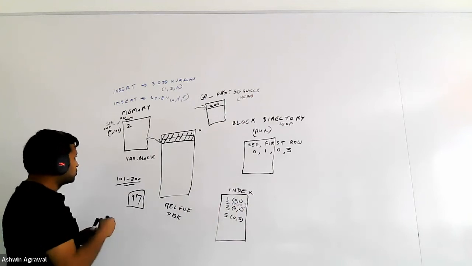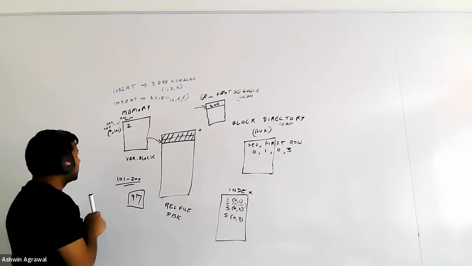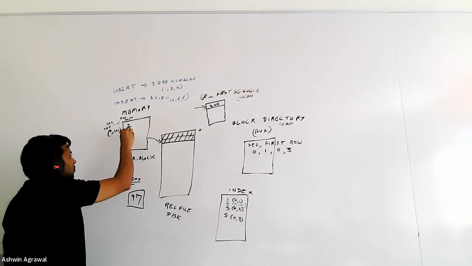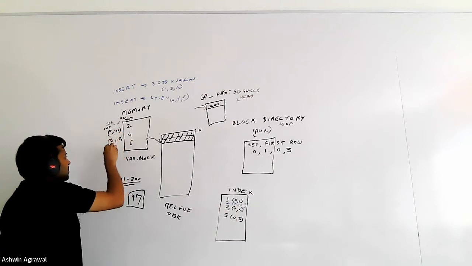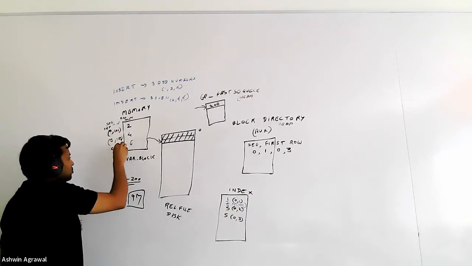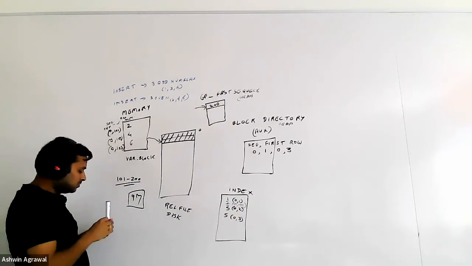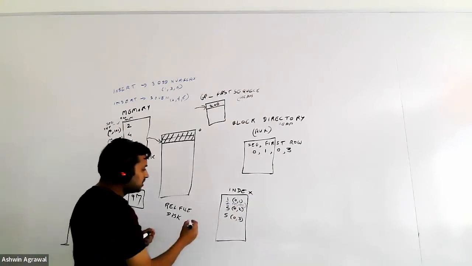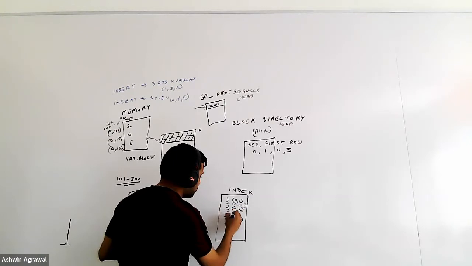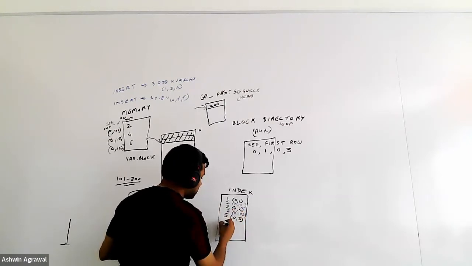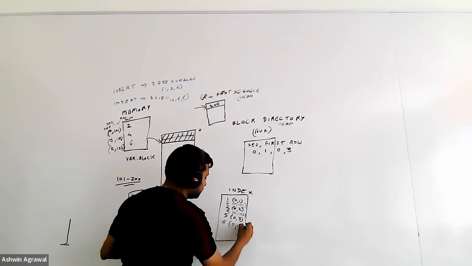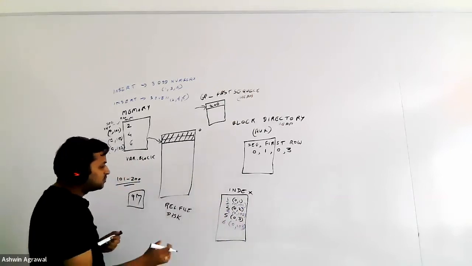And this process keeps going, where effectively you will have 4 and 6 inserted, and you would have 0, 103. The index would have similar entries, where you will have 4 and 0, 102, and you will have 6, 0, 103 inserted. So that is how the index will look.